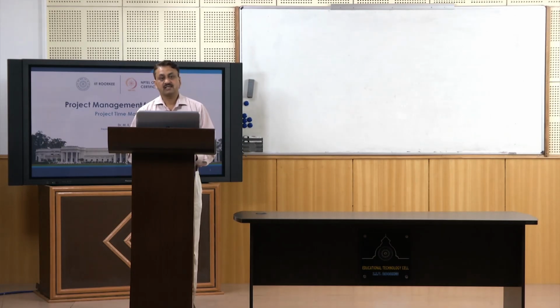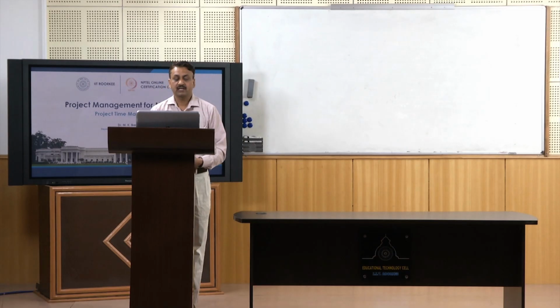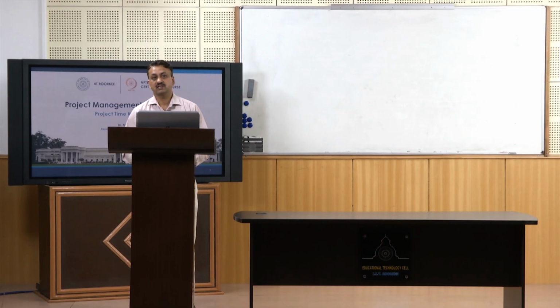Line of balance is also a method of monitoring the progress of a project, but we use LOB in those situations where your output is very slow. For example, if from an assembly line you are coming up with one product every month, for a situation like that you use line of balance.